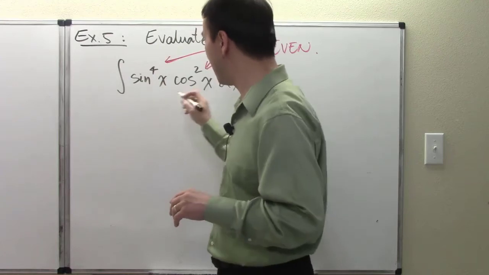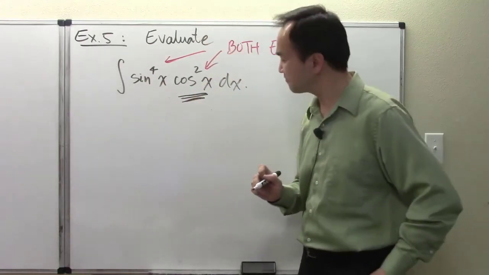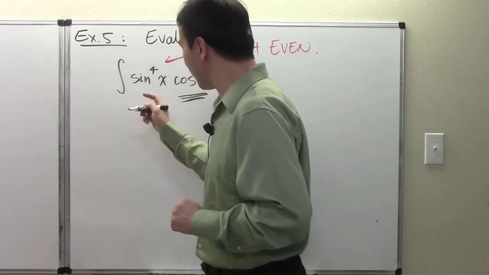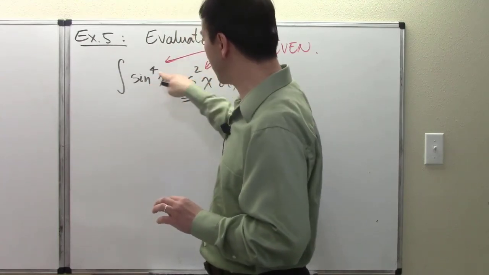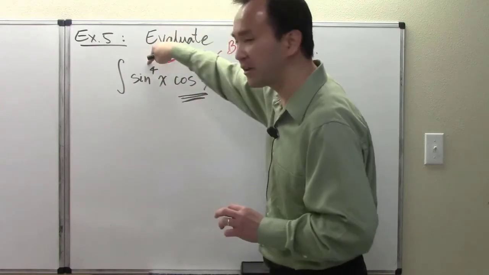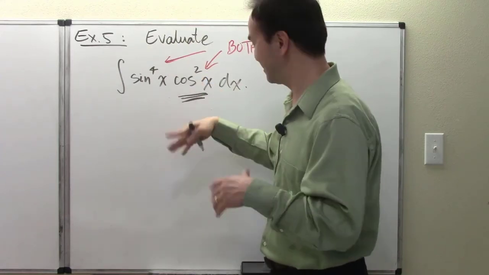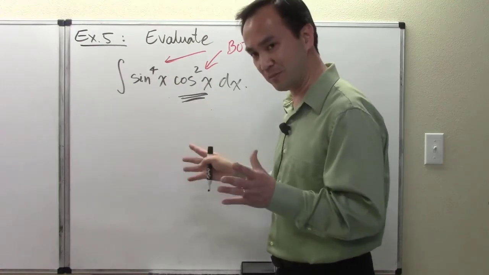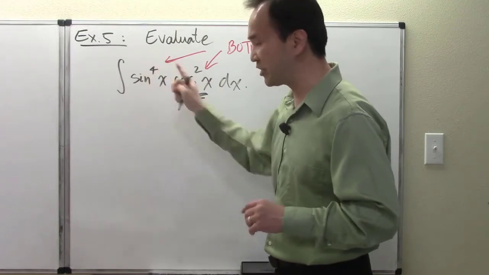So for now I'm going to tackle the power of the cosine, simply because I noticed that, between the two even powers here, the power of the cosine is a little lower than the power on the sine. We will see better usefulness of choosing the lower power, even though it will also work if we choose the power of sine.